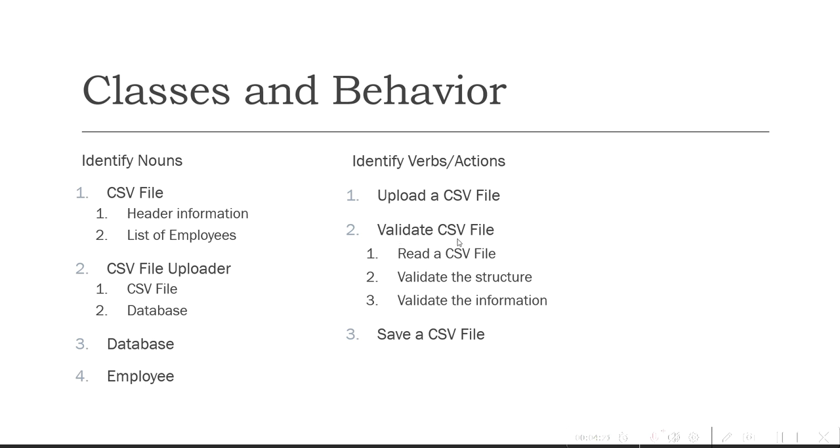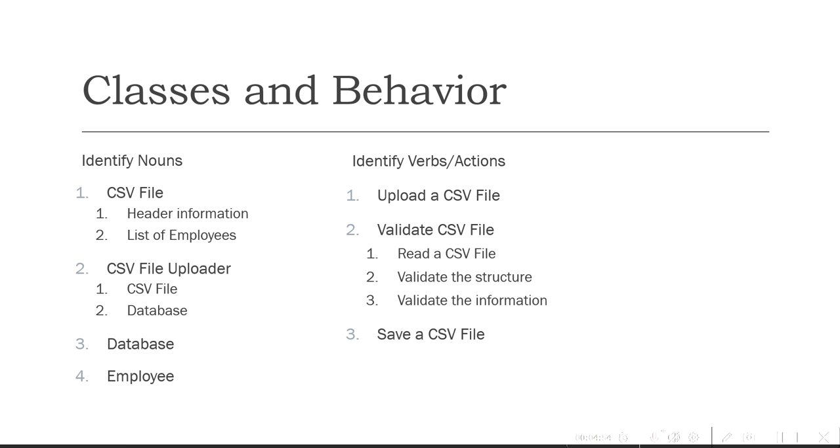Then within validate CSV, we will have sub actions, right? To validate, we will have to read the file, isn't it? Otherwise we will not know what is there in the file, right? So we will have to read the file and then validate the structure, say for example the columns, basically the number of columns. We can set some rules there and validate the structure, and validate the information, whether the data that has been provided is a valid one.